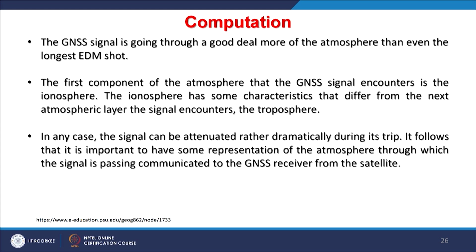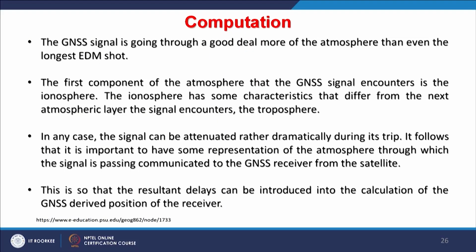The signal can get attenuated, sometimes dramatically, during this journey from satellite to receiver, and it is important to have some representation of the atmosphere through which the signal is passing communicated to the GNSS receiver. Some representation means some model, because instantaneous or current atmospheric conditions may not be available, and therefore some models can be introduced here to get a better position.